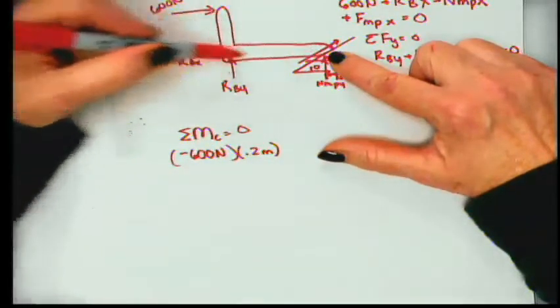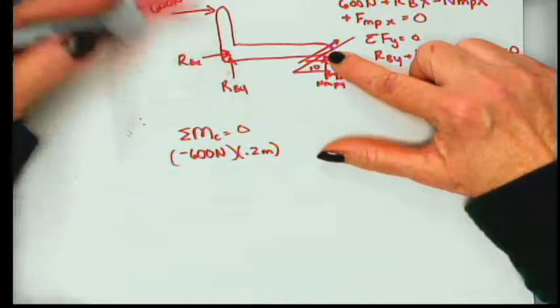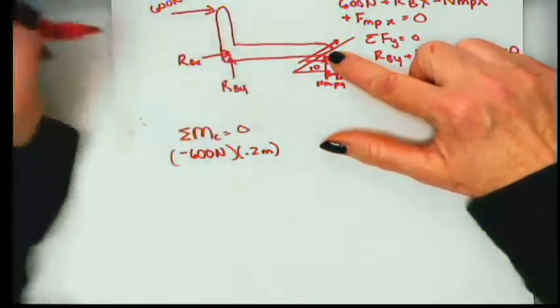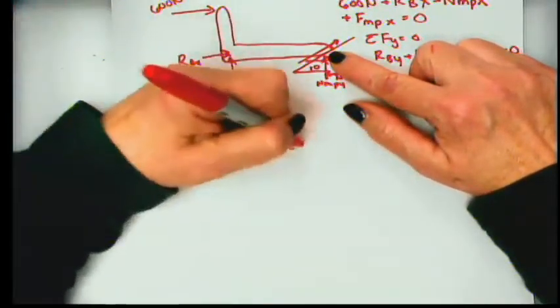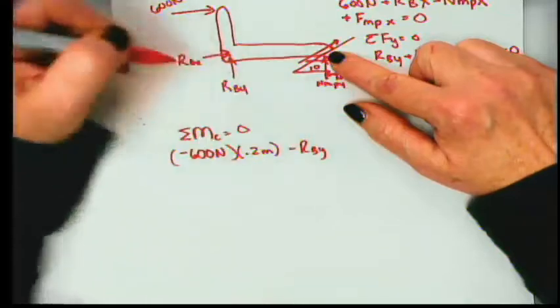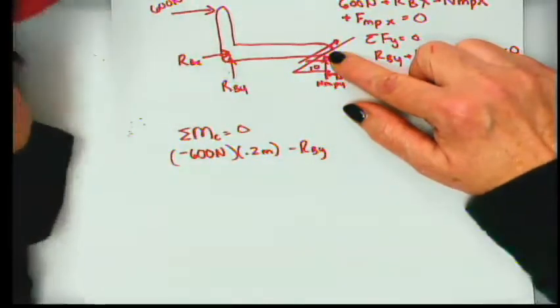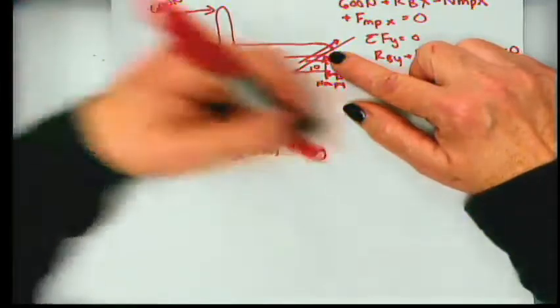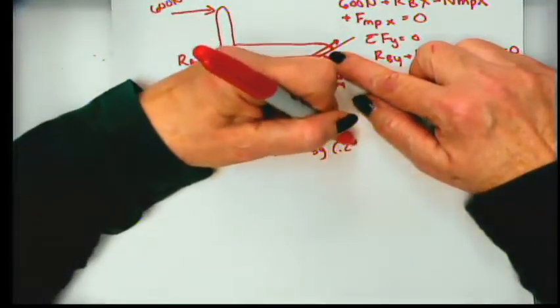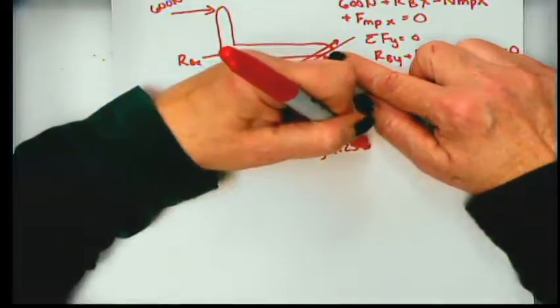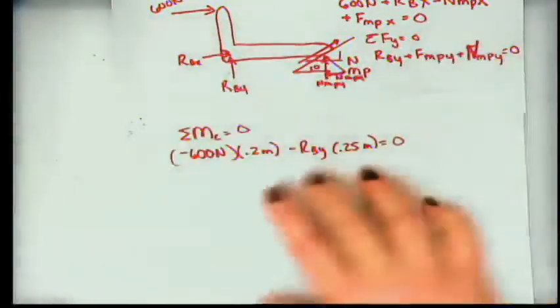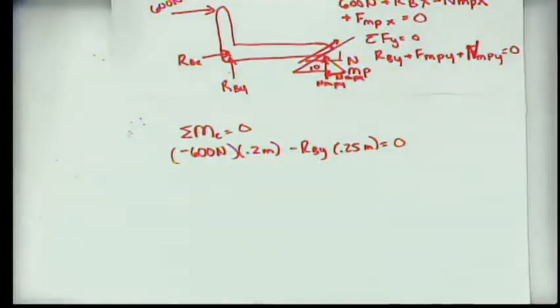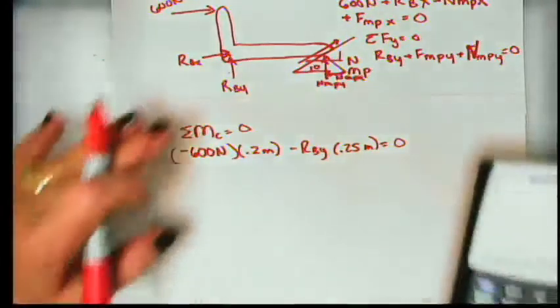This is collinear, so it's not going to produce a moment at all. But RBY, the way I have it drawn, will also produce a negative or clockwise moment. And since it's a vertical force, we need the horizontal distance, which the problem says is 250 millimeters, which is 0.25 meters, equals 0. So the good news is we can use that equation to solve for RBY right away and see if that simplifies any of our work.